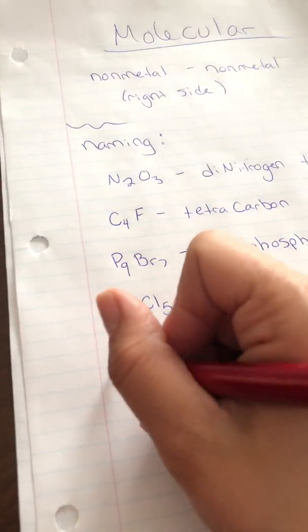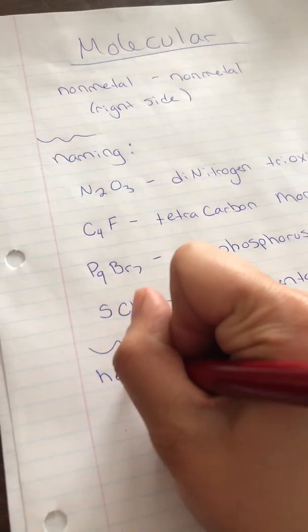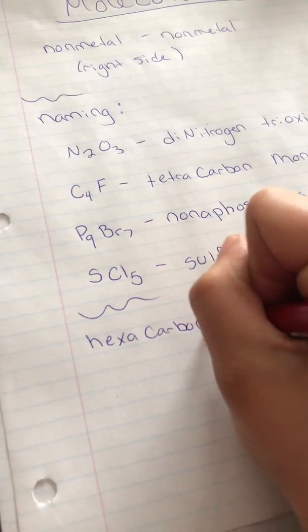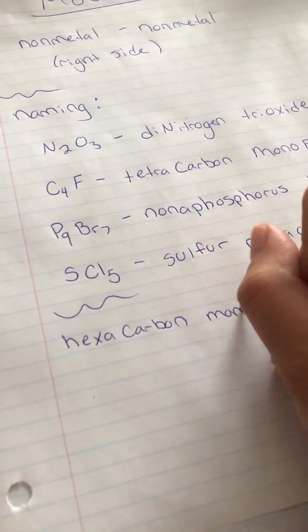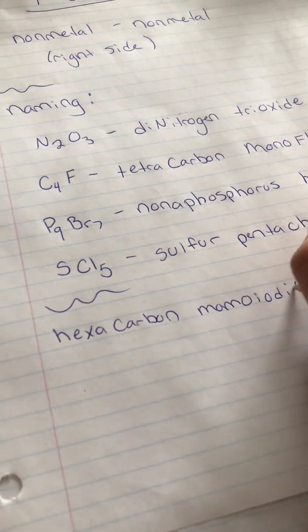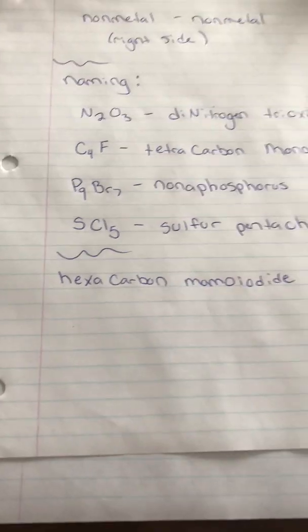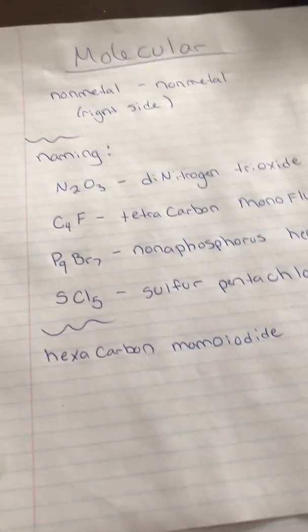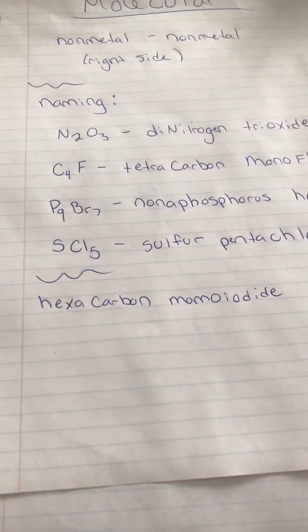Coming up with the formulas is just as easy. So if I give us hexa, carbon, mono, iodide, like that, hexacarbon, monoiodide. We need to look at our prefixes to figure out what hexa is.